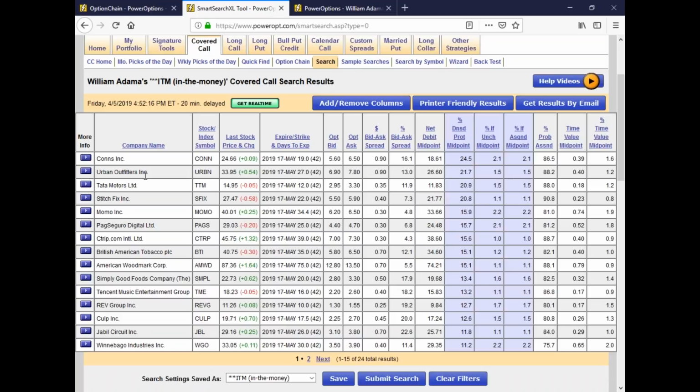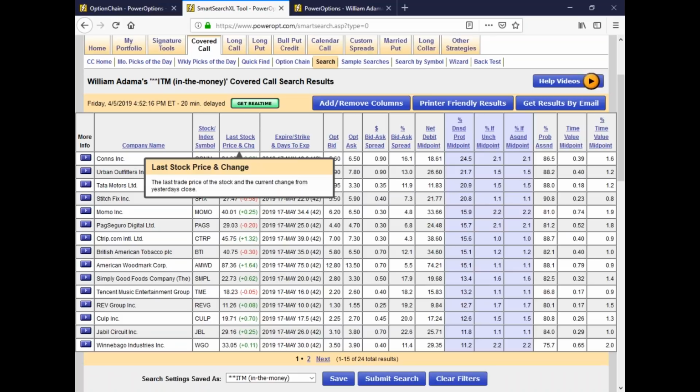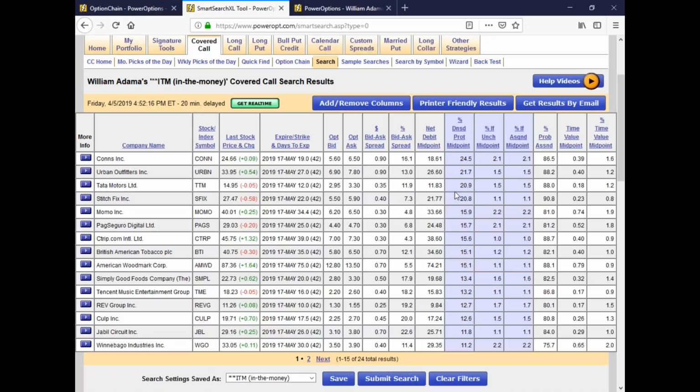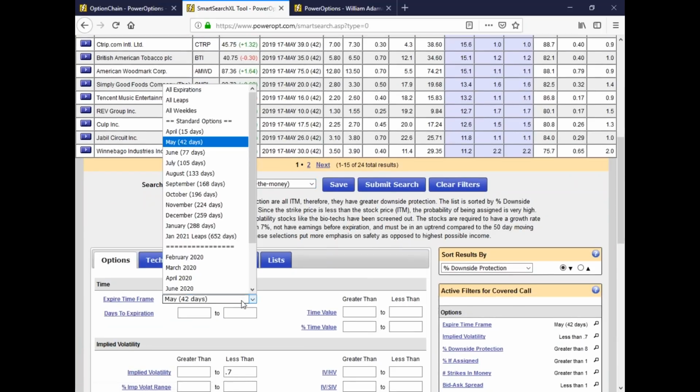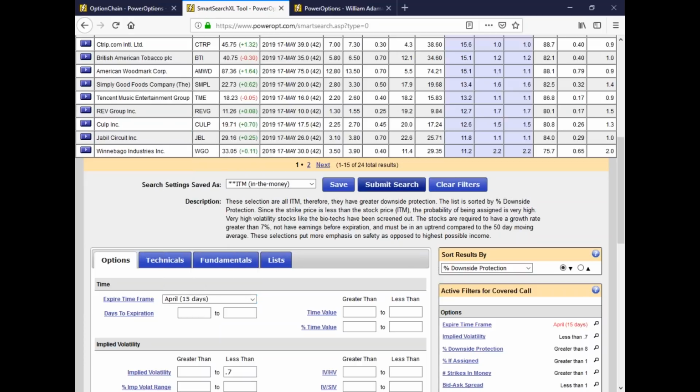And as part of my covered call trading plan, in addition to those stocks, I want something that maybe has a positive MACD signal trading above the 20-day moving average, and I want a minimum 2% return if assigned, going slightly in the money with about a 5% downside protection. These all have that. Going 42 days at a time, let's just change it to April for the time being, 15 days away.